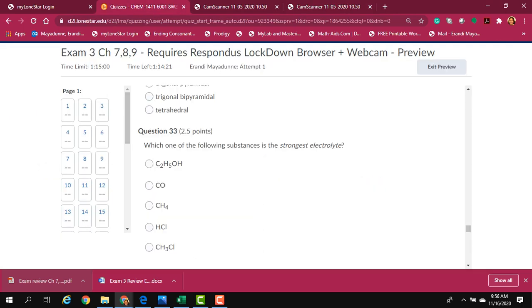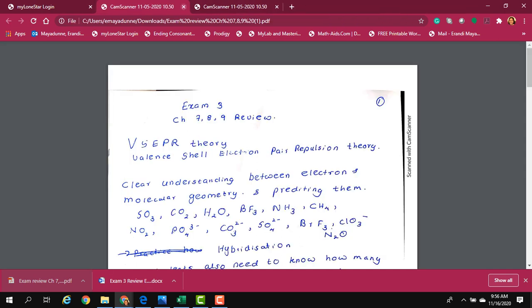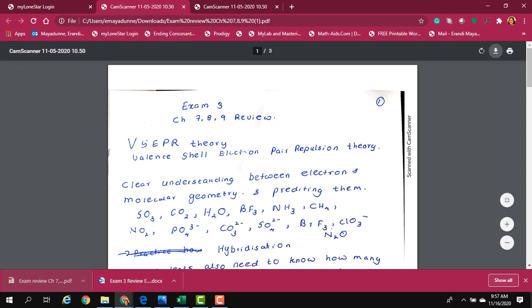If you go to exam review, there are certain Chem documents that you can practice for exam reviews as well. I hope this is helpful, and you can get a better grade for the exam.